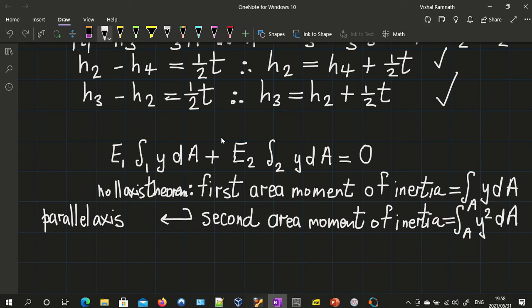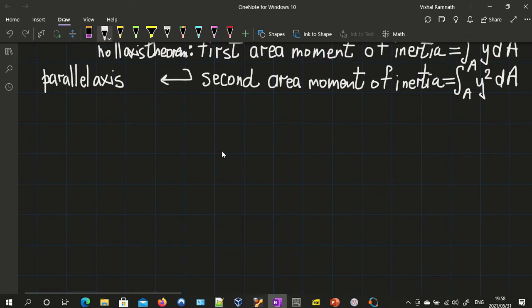Okay, so how do we actually work that out? In your textbook, this is the concept. I'm just going to quickly revise it. There is some arbitrary region and there is a centroid.